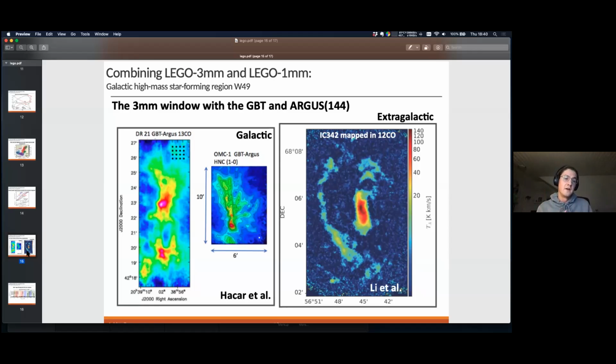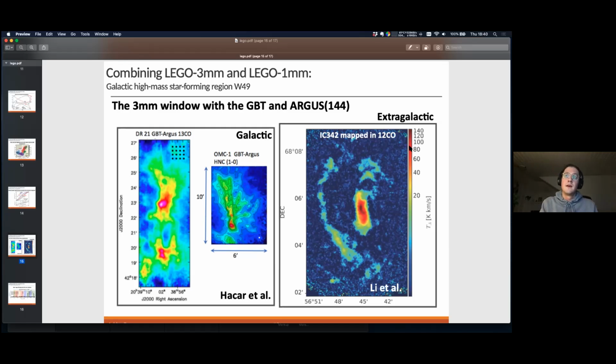Having such a large multi-pixel capability is very beneficial for covering large areas, and then covering this 3 millimeter window in various lines, as here I show a galactic example. You've got the 13CO, the HCN here. So it's similar lines to what we were looking at in our study, that can be done now with Argus, and of course in future, hopefully with the new Argus instrument.